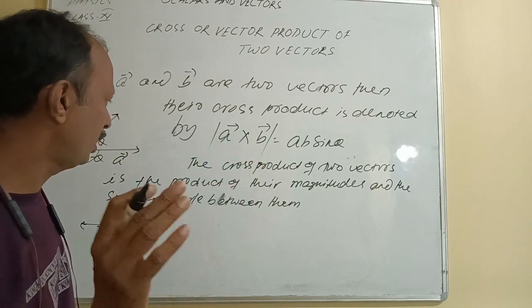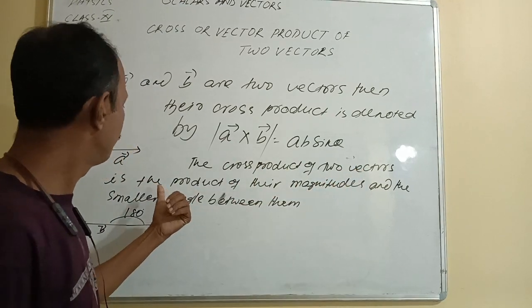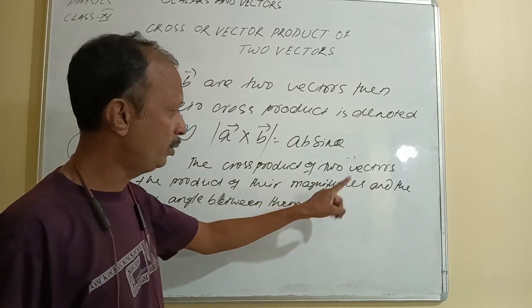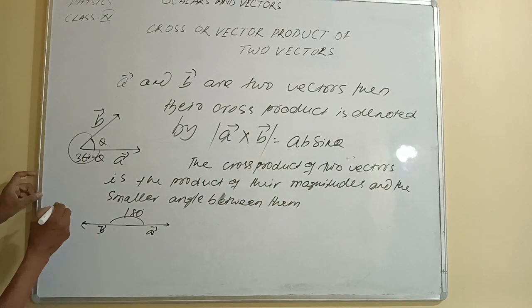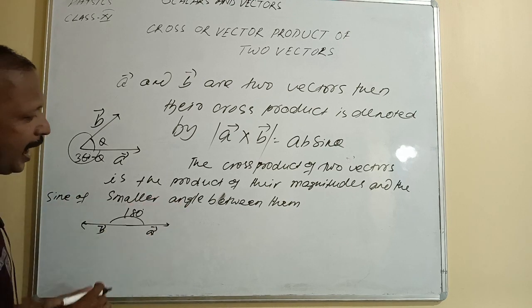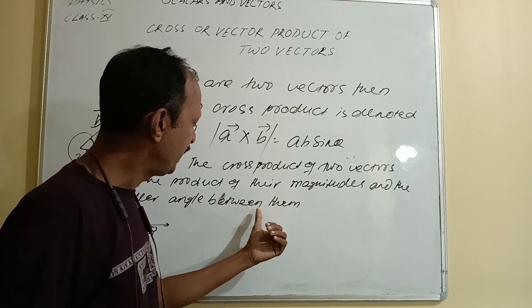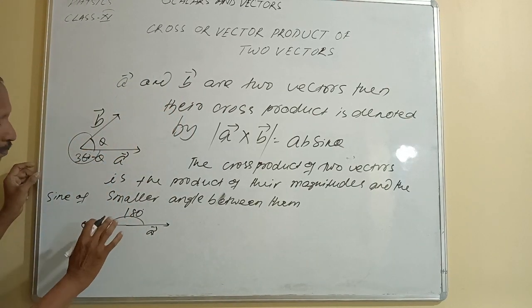So I have written the cross product of two vectors is the product of their magnitudes and the sine of the smaller angle between them. Here theta is the smaller angle between them.